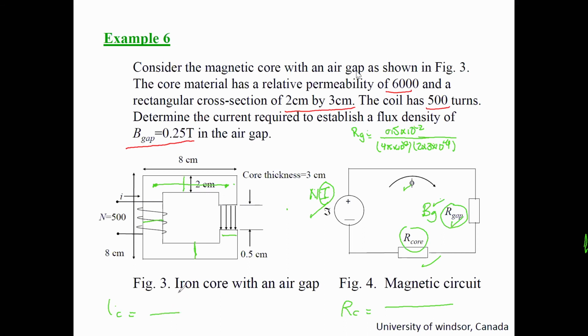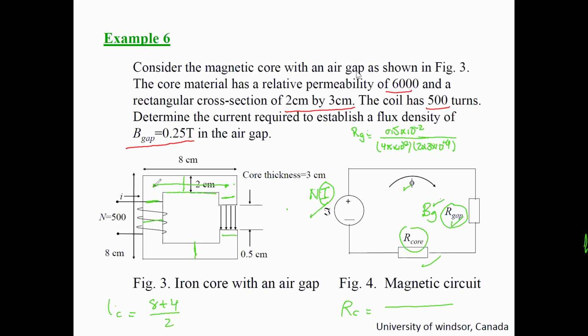It's the outer length 8 plus the inner length, divided by 2. What is the inner length here? 4. Why 4? Because it's 8 minus 2 minus this, right? Yes. Divided by 2. It will be 6.